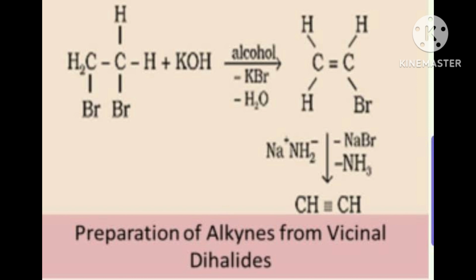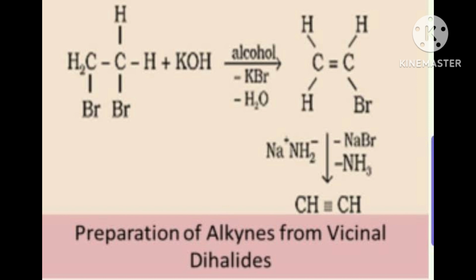NH2 will convert to NH3, as the hydrogen comes as H plus. Then it will form NH3, and the sodium, Na plus, will take bromine as Br minus; the bonds will break from ethylene bromide.